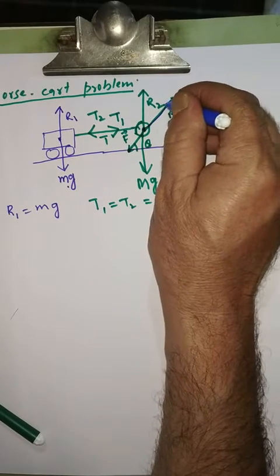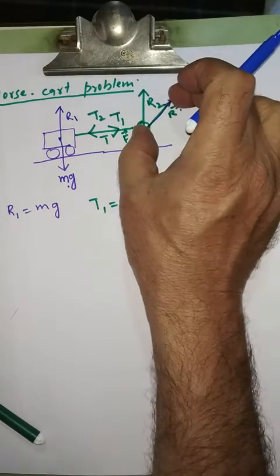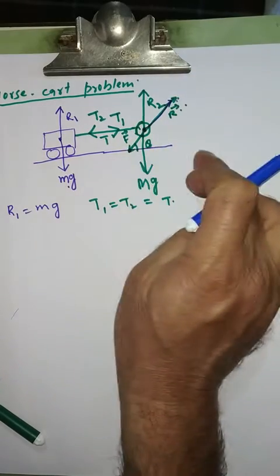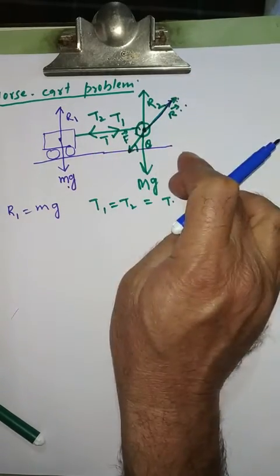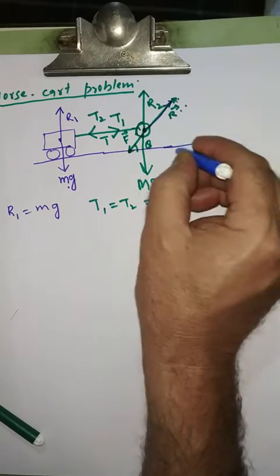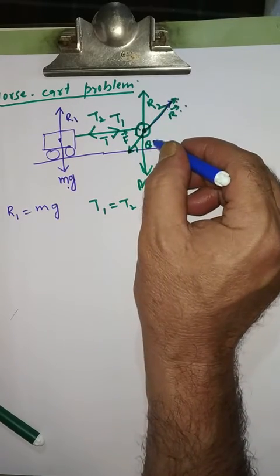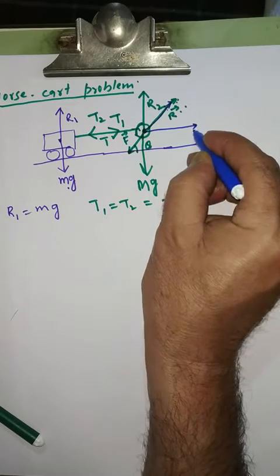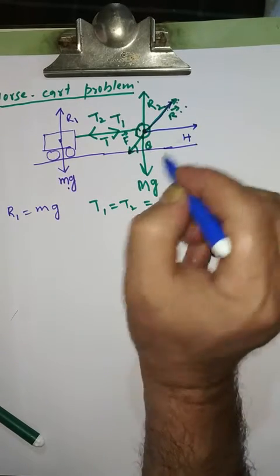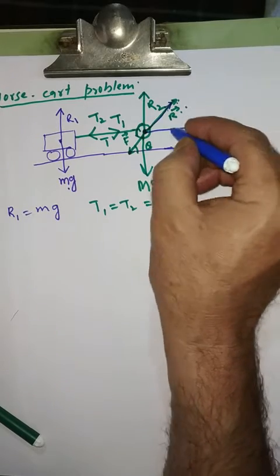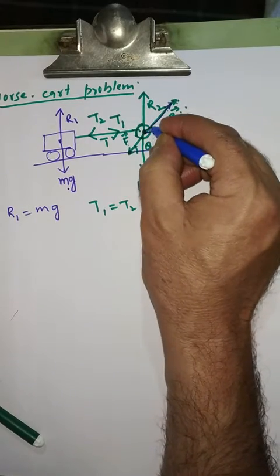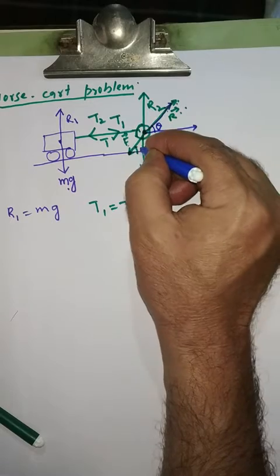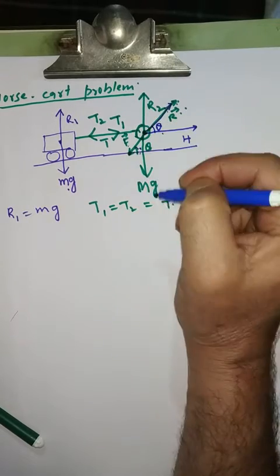Okay. Now this reaction is inclined to the horizontal, and thus can be resolved into two rectangular components. One is the horizontal component H, and this angle is also equal to theta, as per geometry, since this is a corresponding angle.